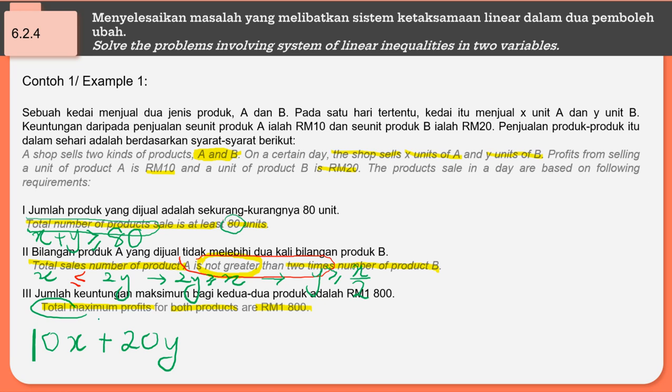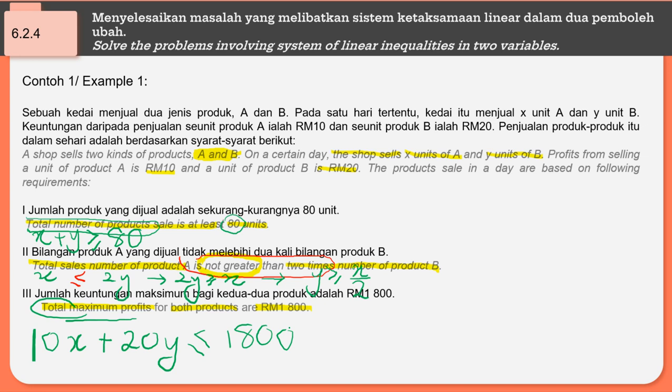So what do you understand about total maximum profit? That means the maximum profit is 1,800 maximum. Okay, that is the maximum point. Then we accept the maximum point and the values below the maximum point. So this one we have less or equals to 1,800.